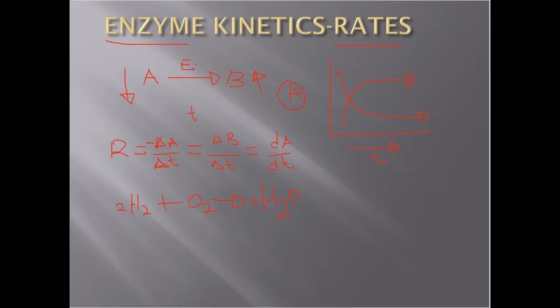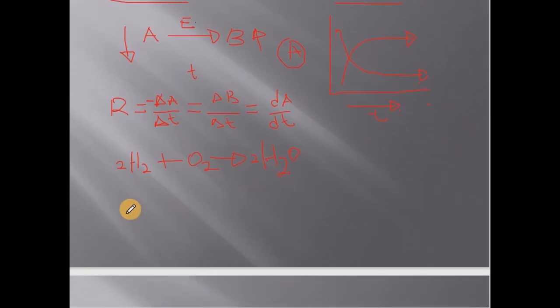If I have to express the rate of a reaction from this, then the rate can be expressed as follows. If a molecule has a coefficient, this value, we call it the stoichiometric coefficient. Then to express this as a rate, you are going to take the reciprocal of that value.